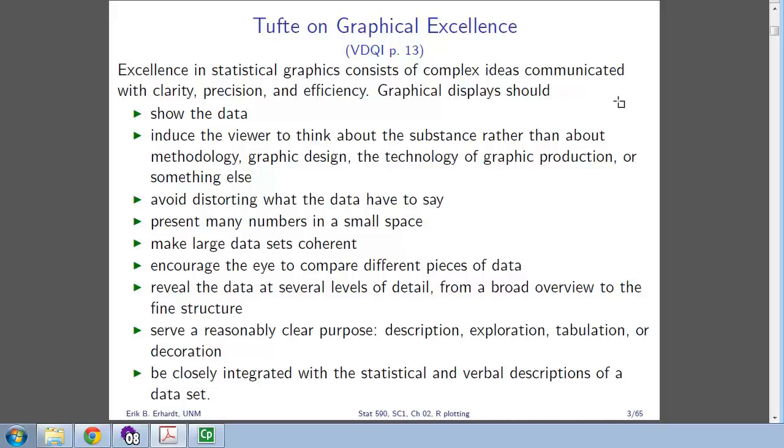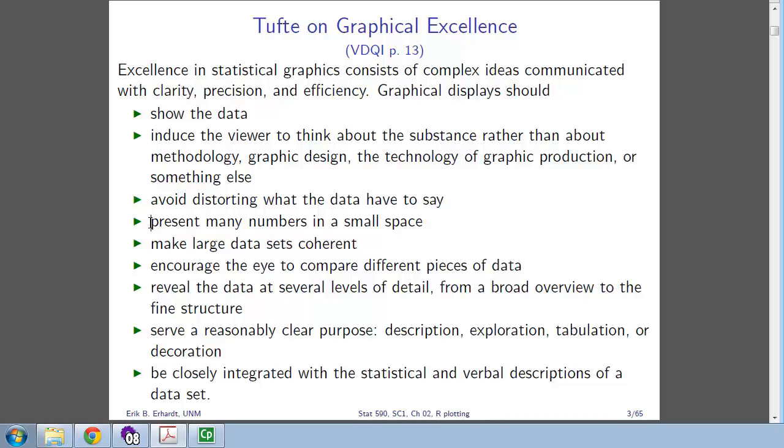Graphical displays should, first of all, show the data. If you're not showing the data, you're already doing a disservice. Second, if you're making the viewer think about how you made that design, then you're distracting from the content. So let them focus on the substance. Try to avoid distorting what the data have to say.